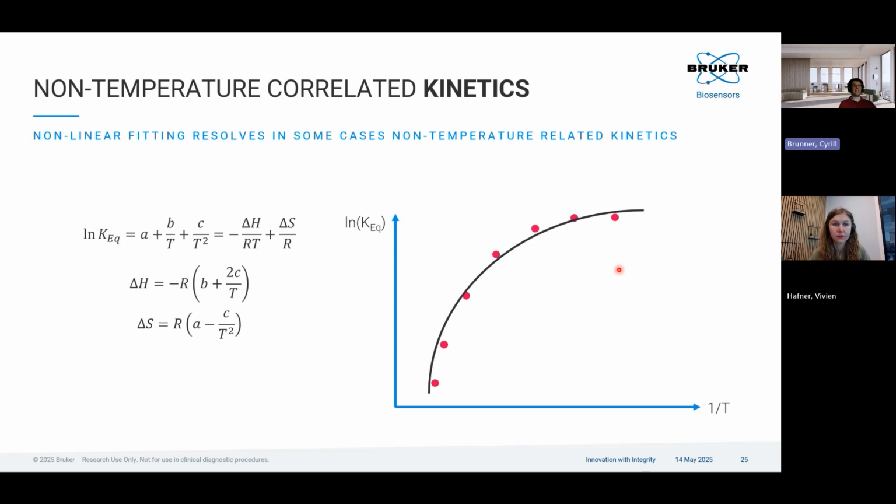What you need to do in addition is measure more temperatures, because it can happen fairly easily that you oversee something. And if you measure only every second point, then you might not really be able to get a very good fit eventually. So typically, if you have such a situation, it's recommended that you measure not only every 5 degrees centigrade increment, but with 2 or 3 degrees increment.